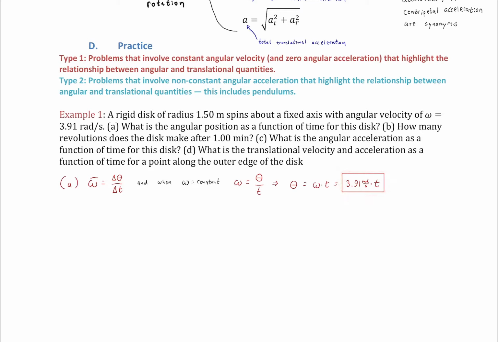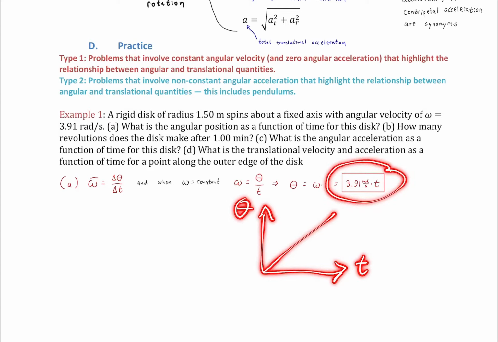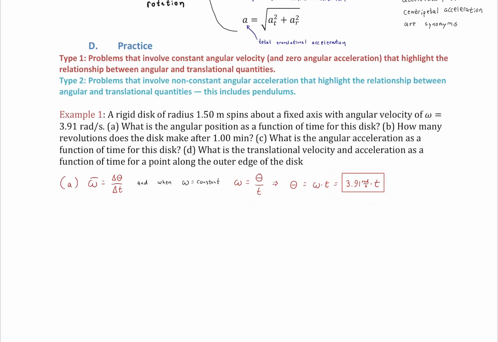All right, and that's a function. Okay, it's a linear function because essentially omega as a function of time was a constant, which meant that theta as a function of time is linear, as we see. Okay, we're used to these types of relationships. We saw the same thing in translational kinematics.